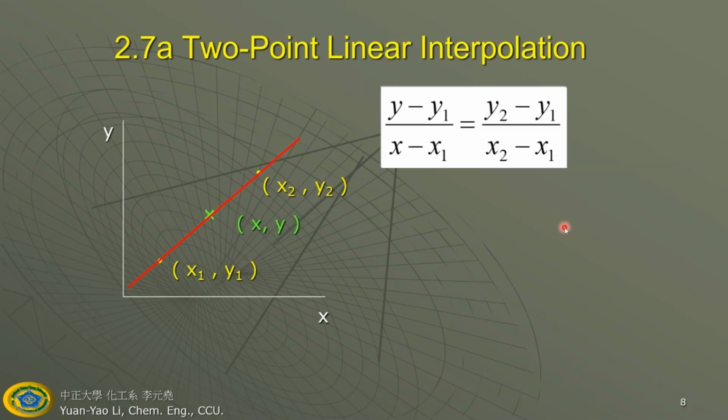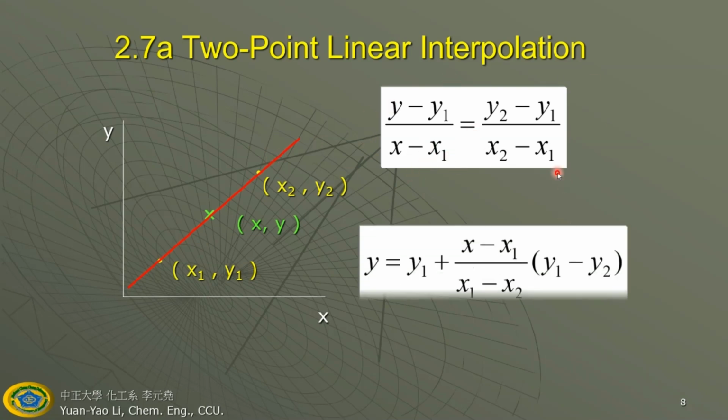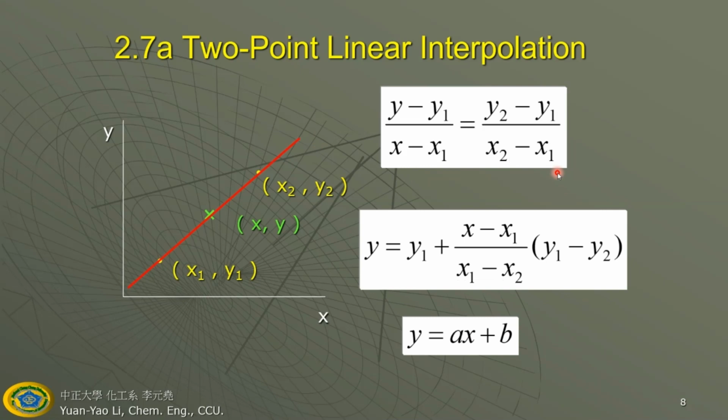If you use this equation with an unknown point here, you can find an equation like this. In the end, you get y equals a times x plus b. You know a is the slope, and b is the what? The intercept, right? b is the intercept, a is the slope. I'm sure you know this.